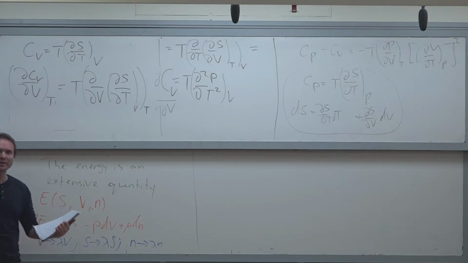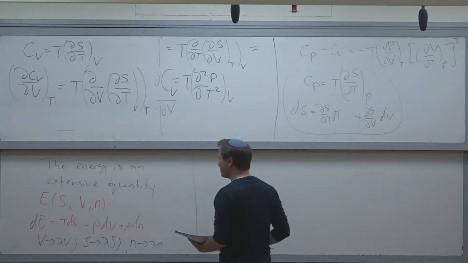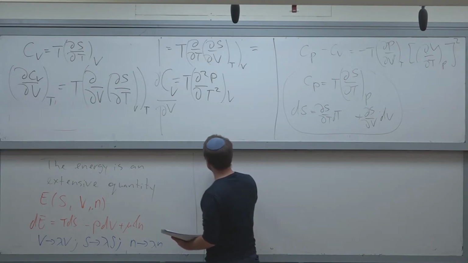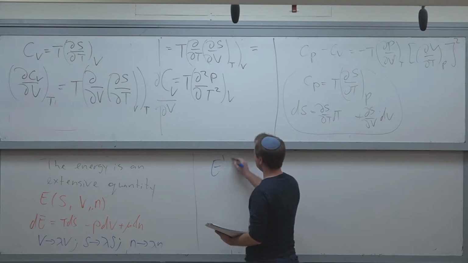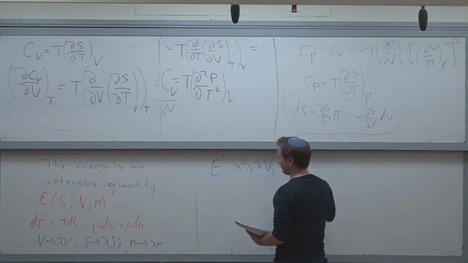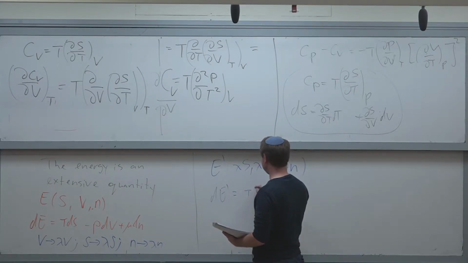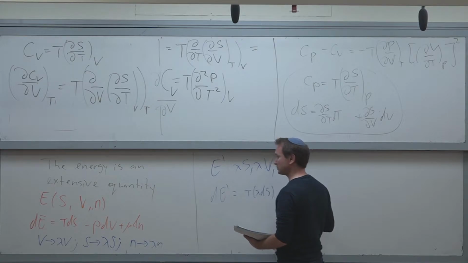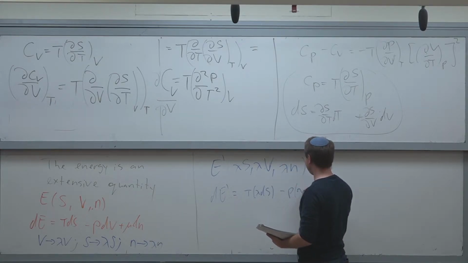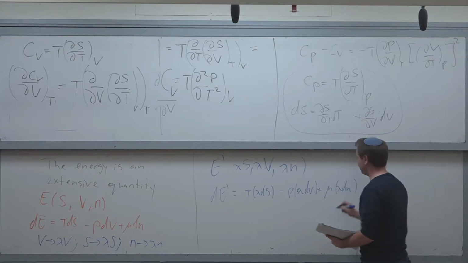I'm increasing one dimension, for example, of the system by a scale of lambda. The moment I have done it, this E prime is a function of lambda S, lambda V, and lambda N. So dE prime equals T lambda dS minus P lambda dV plus mu lambda dN.